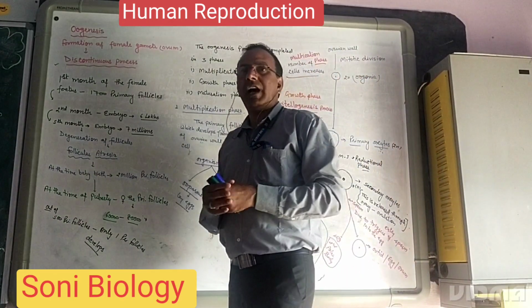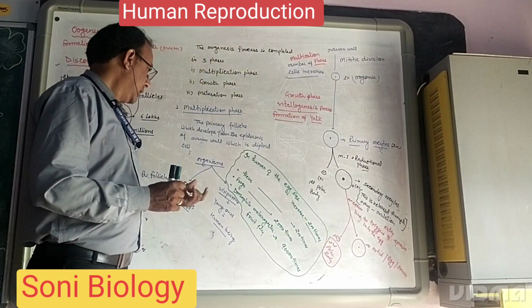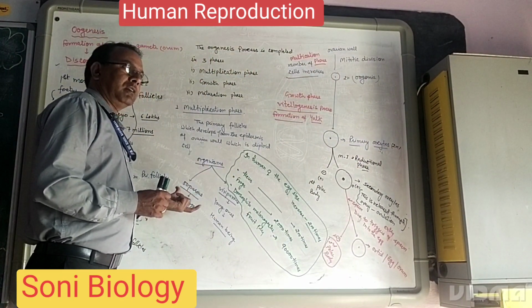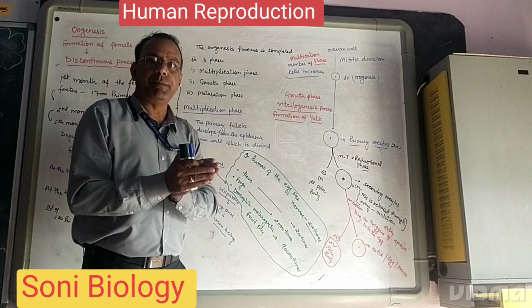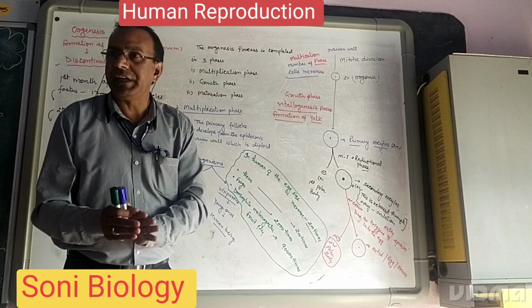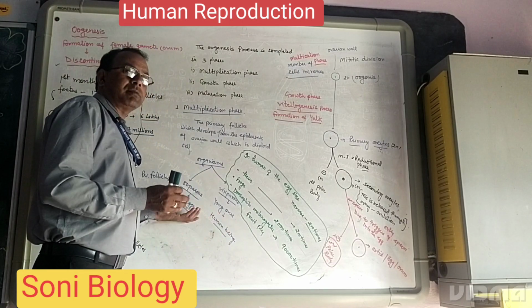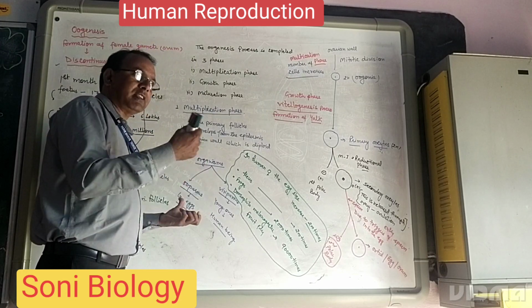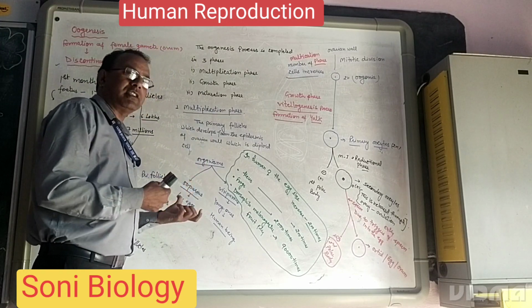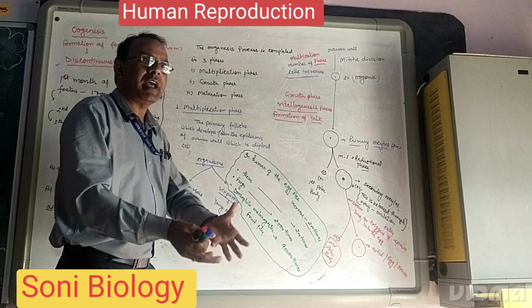But if the animals are oviparous, these animals lay eggs. It means the development of the embryo takes place outside the body, so nutritional substances are required in excess quantity, and yolk is produced in excess.